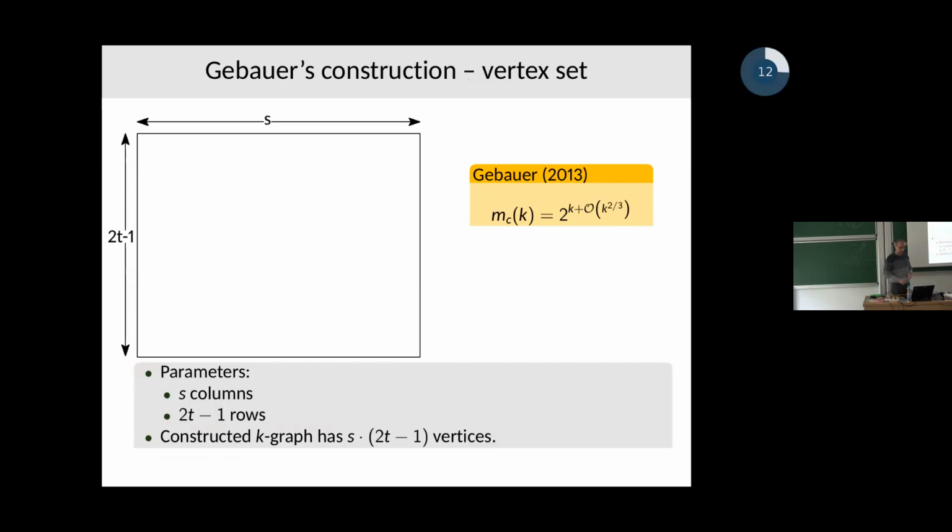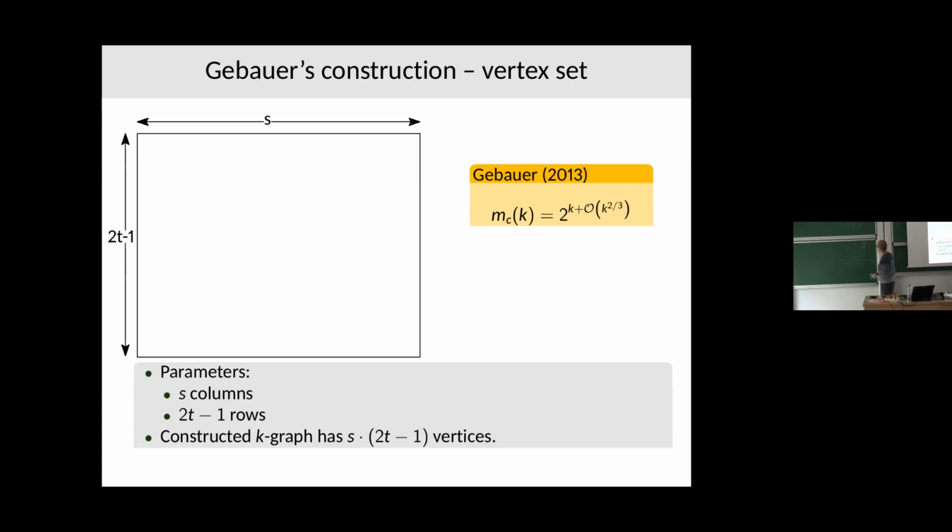All right. So let's start with recalling Gebauer's construction. It is convenient to organize the vertex set of the hypergraph in a rectangular array. Okay, so we have s rows and 2t minus 1 columns.